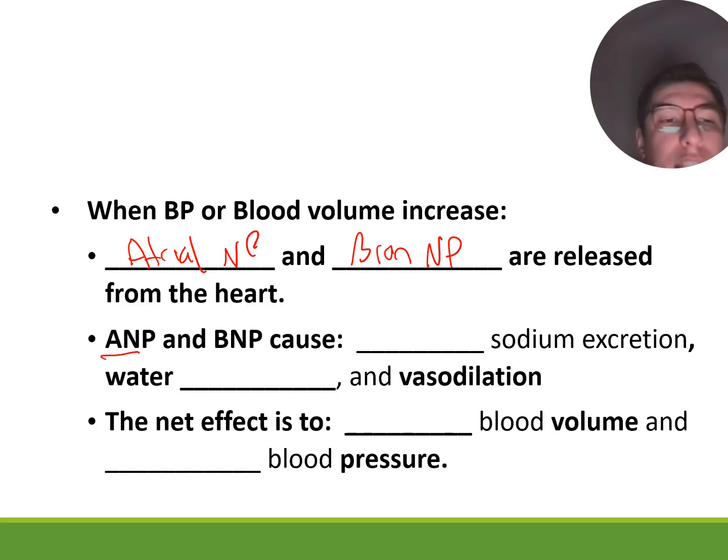The ANP, atrial natriuretic peptide, and BNP are causing an increase in sodium excretion, increasing water excretion. This is causing also vasodilation. The net effect is to decrease blood volume and to decrease blood pressure.